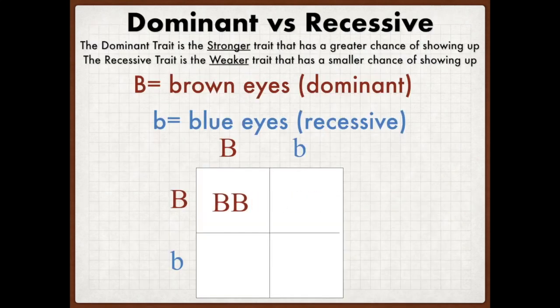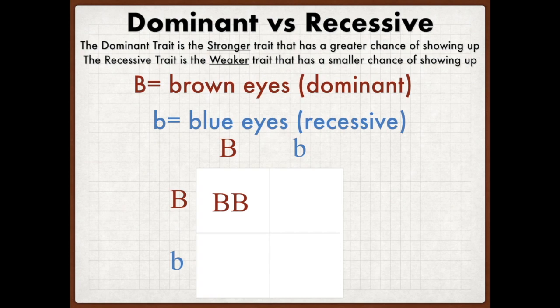So here we have a dominant versus recessive. Here we have a Punnett square, and I'm going to focus on the terms dominant versus recessive. A dominant trait is the stronger trait, the one that shows up, while the recessive trait is the weaker trait. So here we have big B and big B. That would yield the dominant brown eyes.